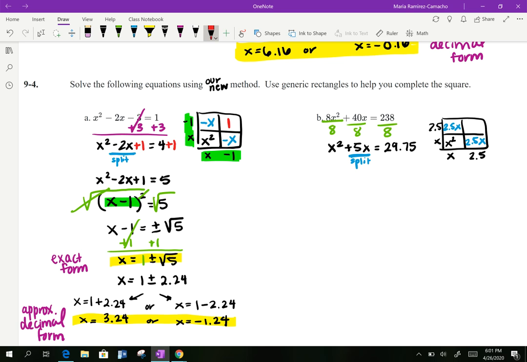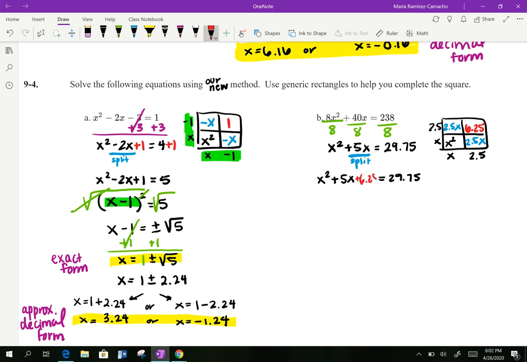So what should go here to complete this square? That should be 2.5 times 2.5 is 6.25. So I need to add that to both sides of the equation. I didn't leave enough room up there, so I'm going to rewrite it.